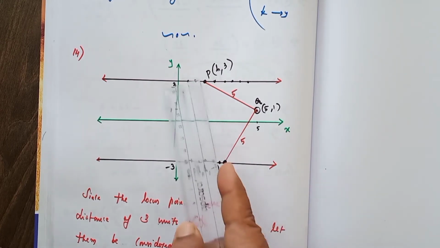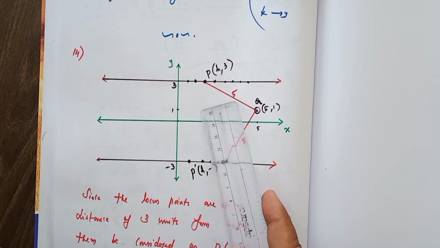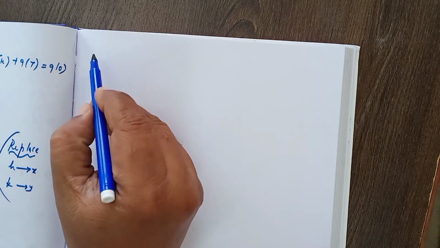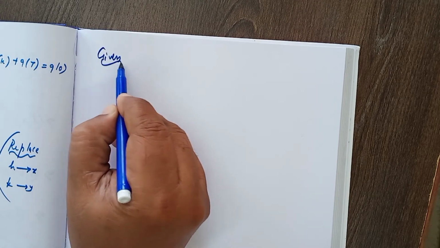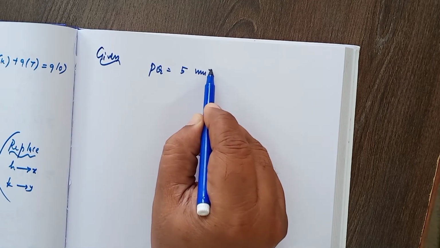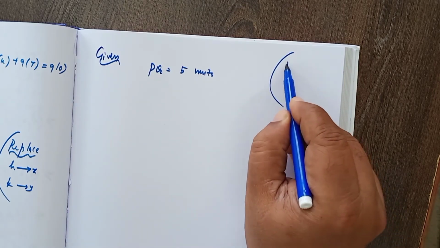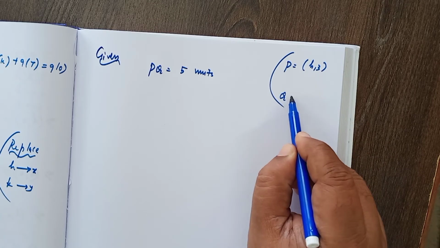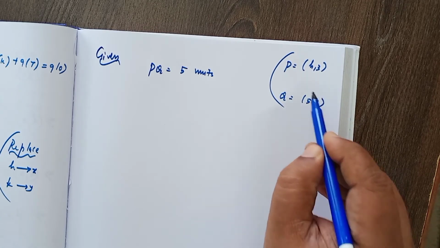Now I consider PQ. The PQ distance is 5 units. Given PQ equals 5 units. P we have taken as (h, 3) and Q is given as (5, 1).